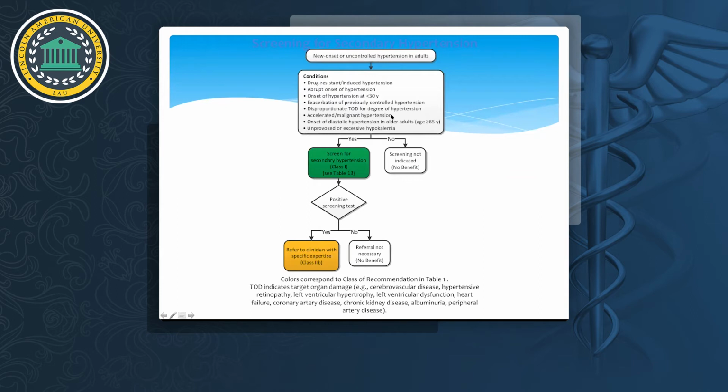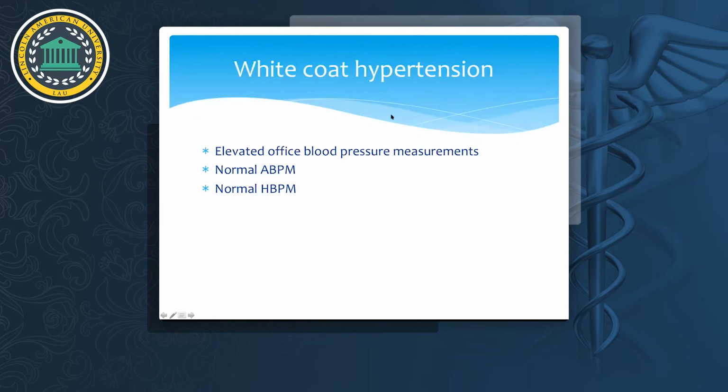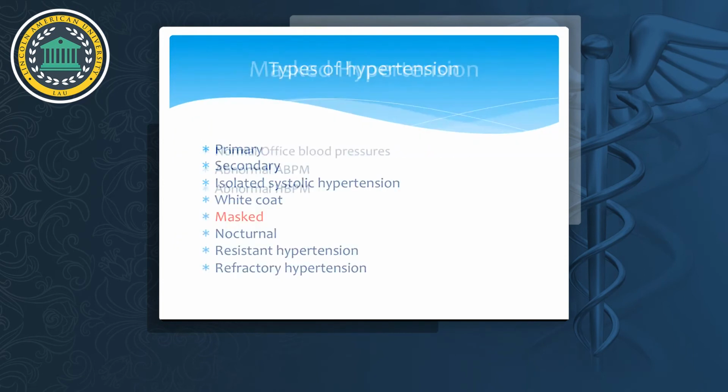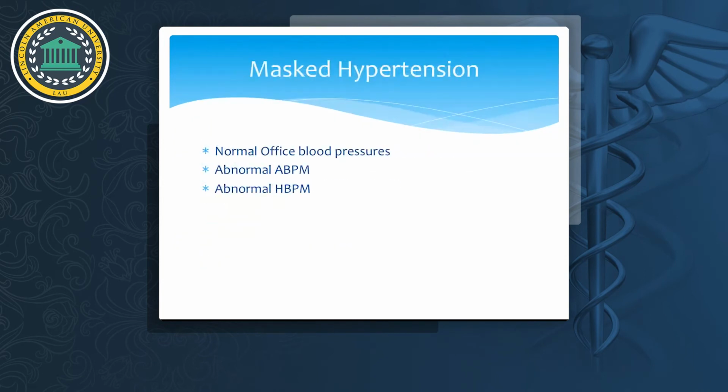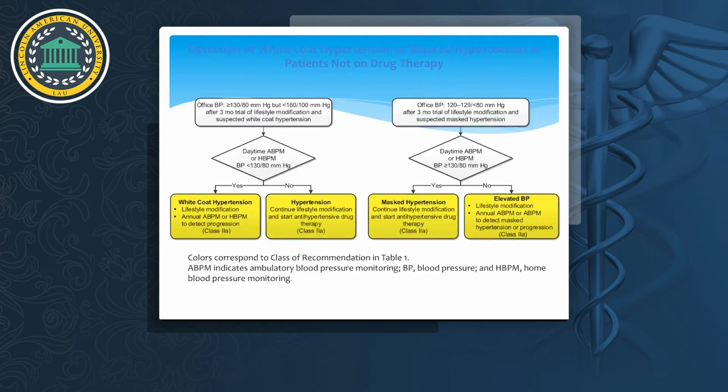A person who has normal blood pressure during office hours, but ambulatory blood pressure monitoring shows hypertension, and he has target organ damage, I will definitely start him on antihypertensive medication.